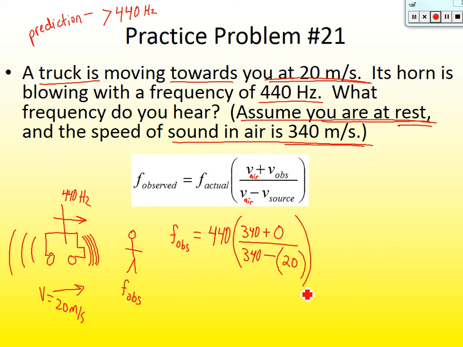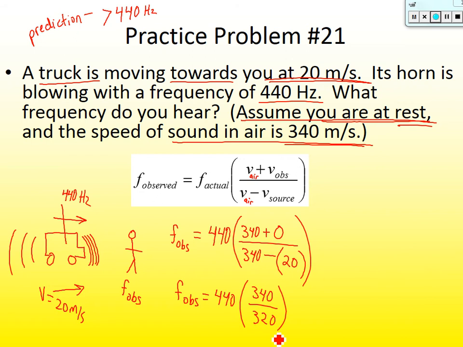And so now we have a math equation with just one unknown. It's very easy to solve. Let's simplify it. So f observed is equal to 440 times, now do what's in the parentheses first, 340 plus 0 is 340 on top, divided by 340 minus 20 is 320.